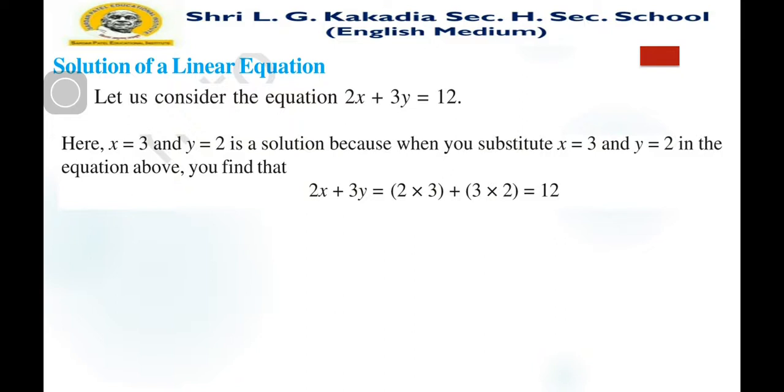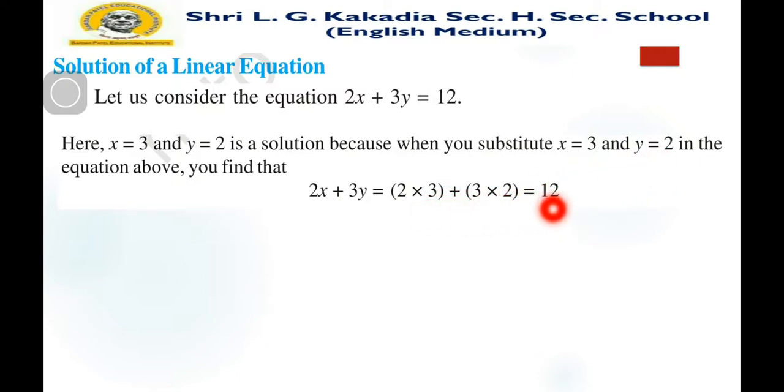For that we select the values of x and y randomly. We take x is equal to 3 and y is equal to 2. Now we substitute these values in the above equation. Then we get 2x plus 3y is equal to 2 into 3, that is the value of x, and 3 into 2, that is the value of y.